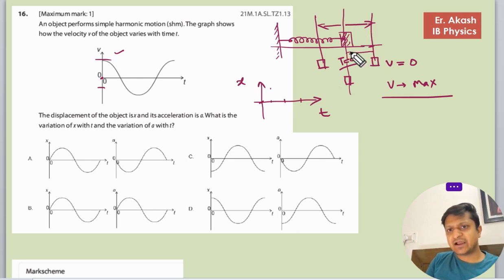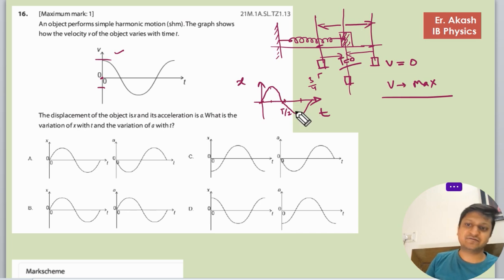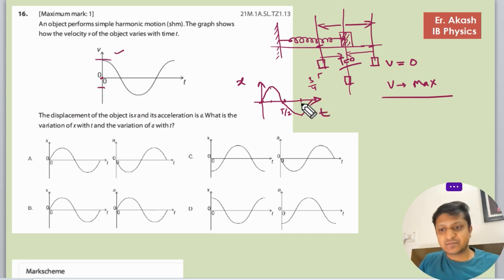And then it comes back, and at T by 2, it is 0. And then it goes to 3T by 4, where x naught is maximum, but in the negative direction. And then it will come back and it will be 0. So the graph will be like this. So this is the x-t graph that I have plotted.